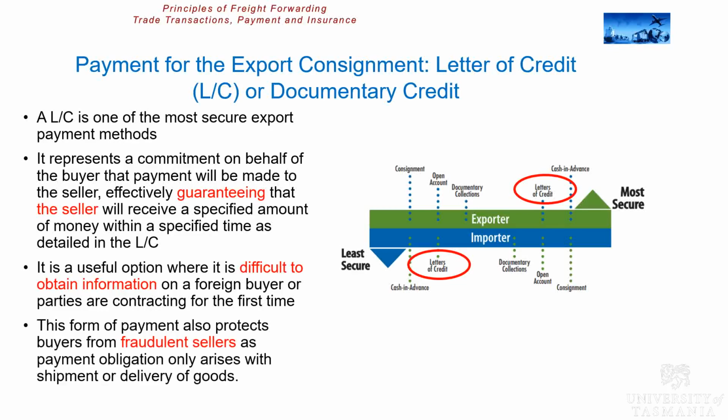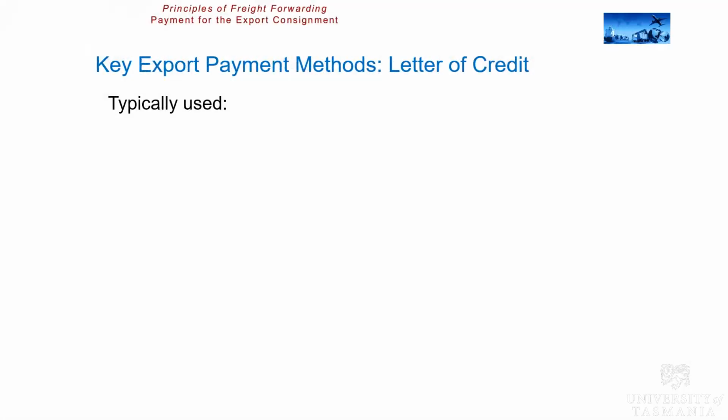And for both parties really, for both the buyer and the seller, it's a really good approach to minimising fraud. It does give that importer some level of confidence that they get a form of protection as well.